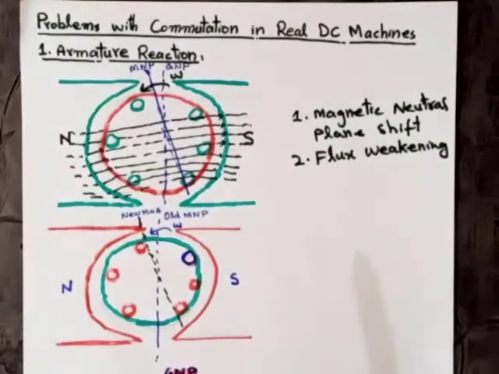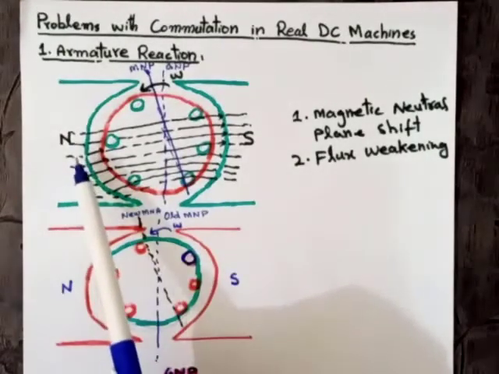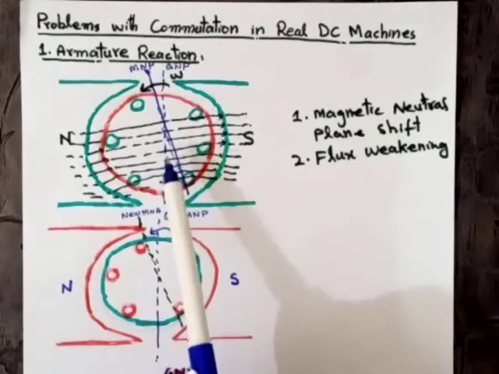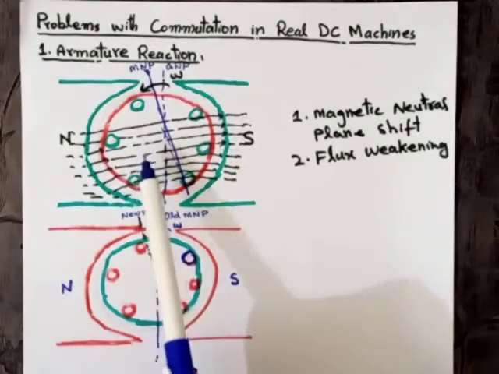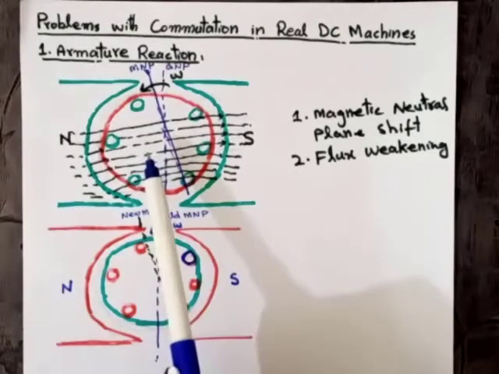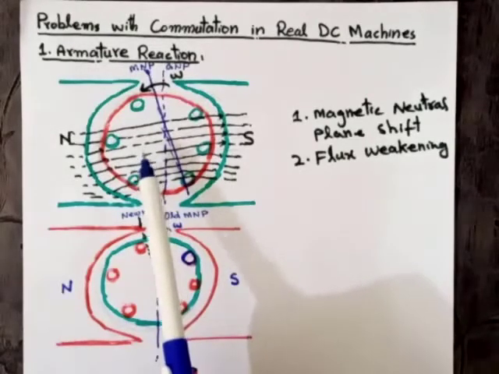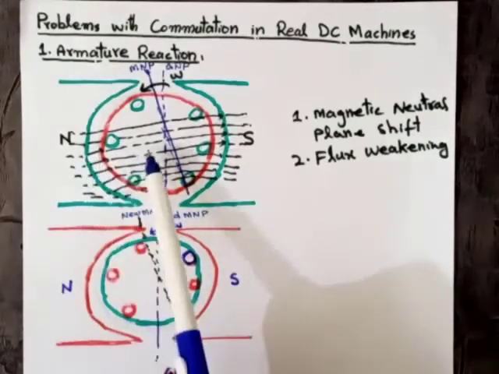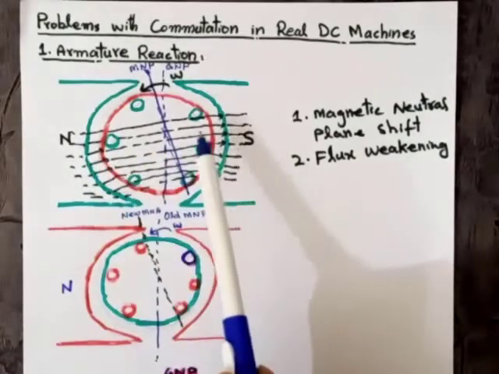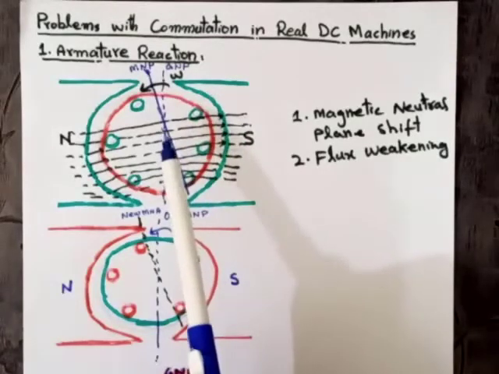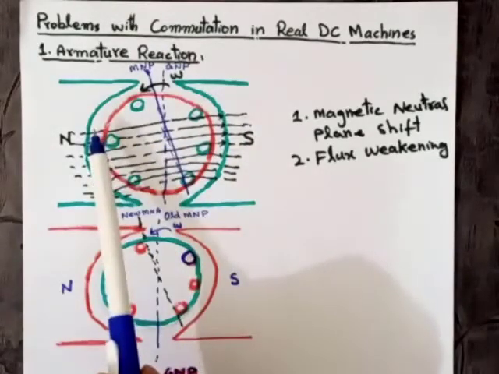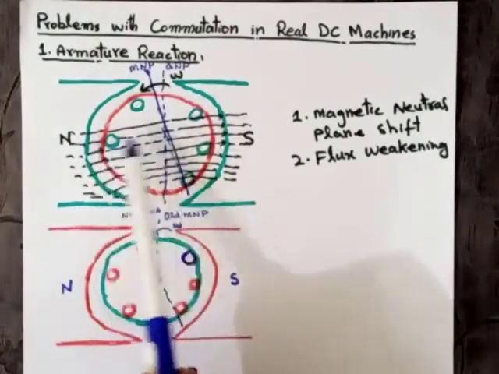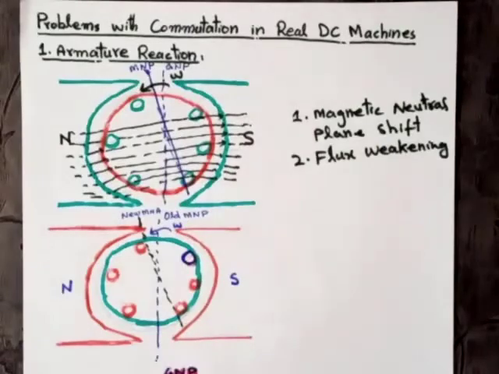The resultant of the main field and the armature flux is shown in this diagram. As you can see in this diagram, due to the armature field, the direction of the original magnetic field is changed a little bit.